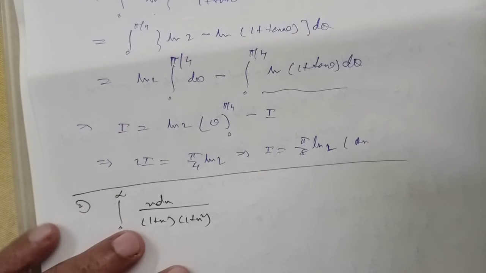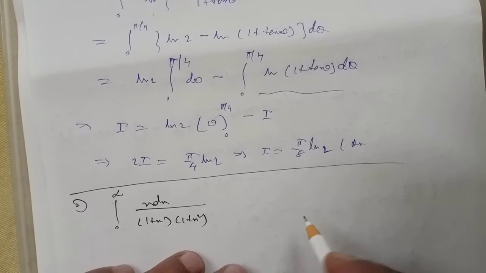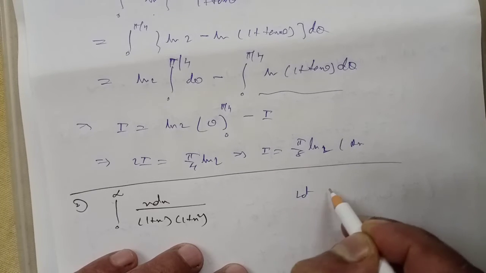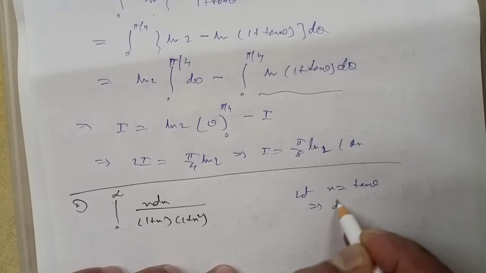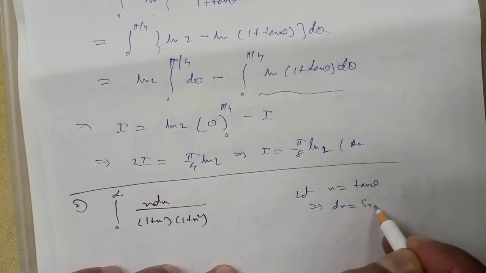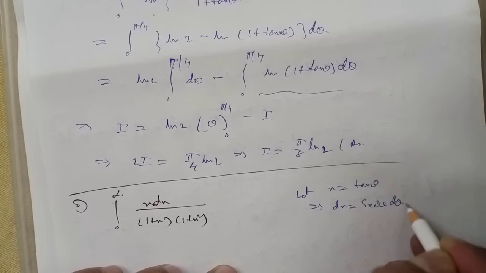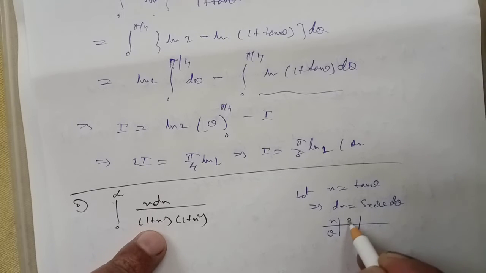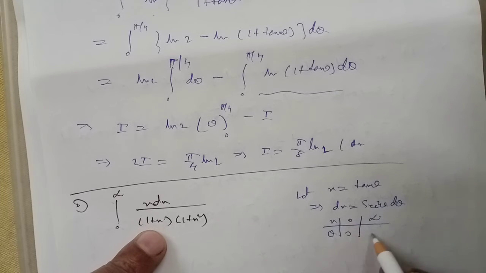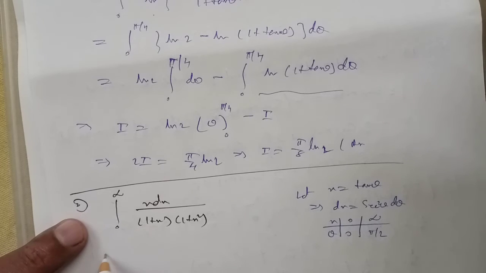Let us again do the same substitution. Let x equals to tan theta, that is dx equals to sec square theta d theta. Let us change the limit. The limit of x is 0 and infinity, so theta is 0 and pi by 2.